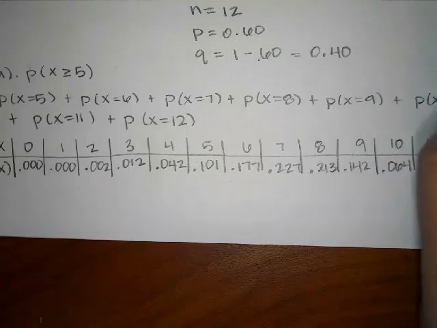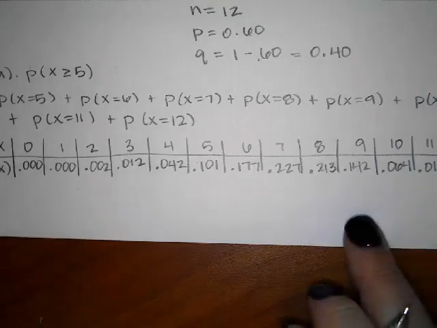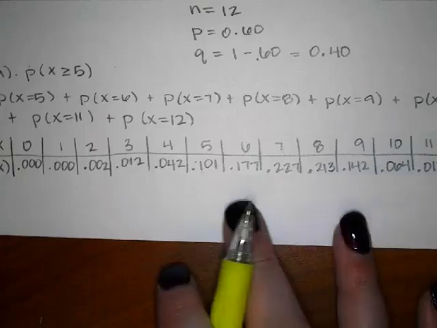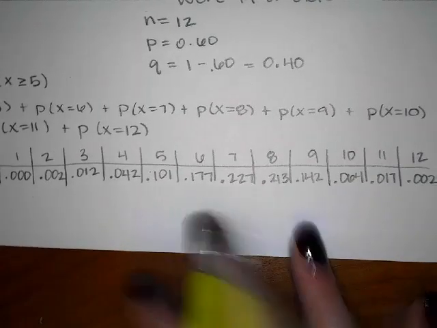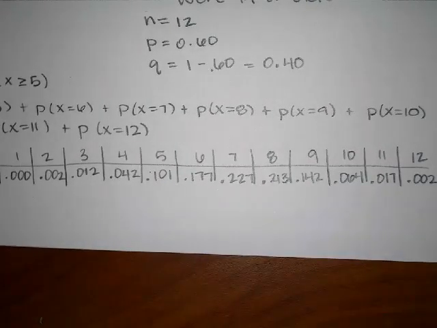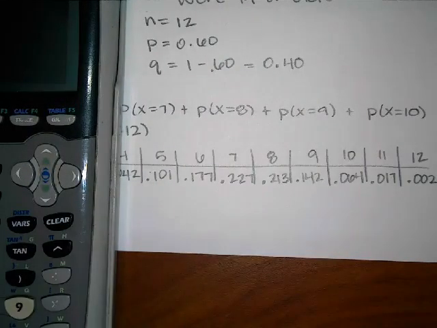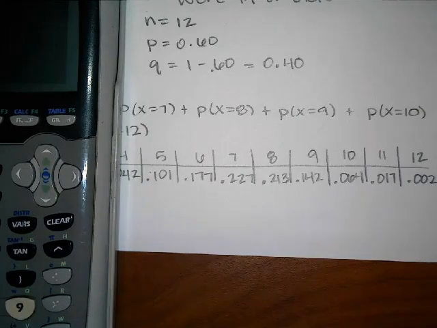Okay, so there's all my probabilities, and if I want to know the probability that x is greater than or equal to 5, then I just have to start with 5 and add all of these together. So 0.101, 0.177, 0.227, 0.213, 0.142, 0.064, 0.017, 0.002, I had a typo, 0.002.